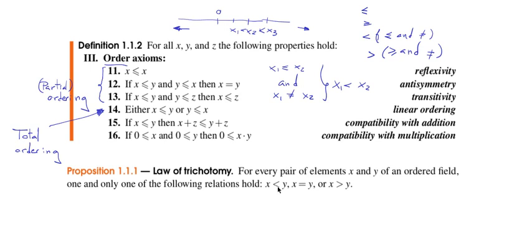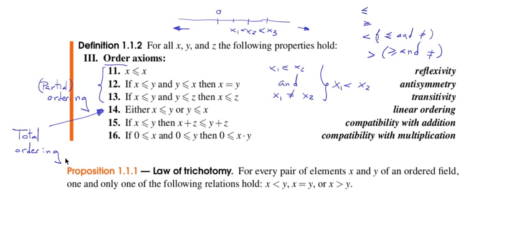That means that now we have every element related to each other in this way. If they give us two elements from this set, we can say one is smaller than the other, equal, or greater than the other.